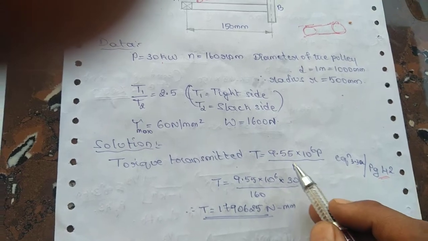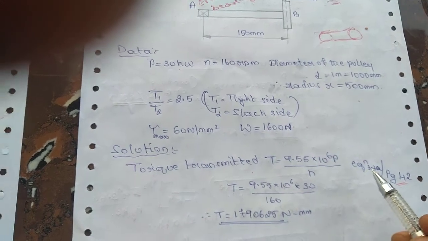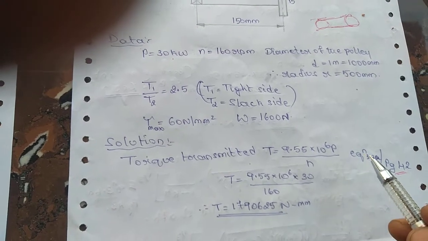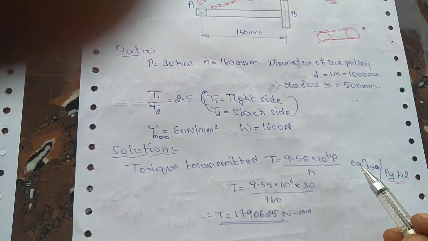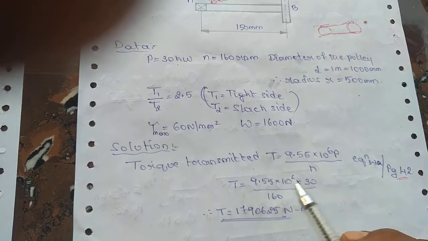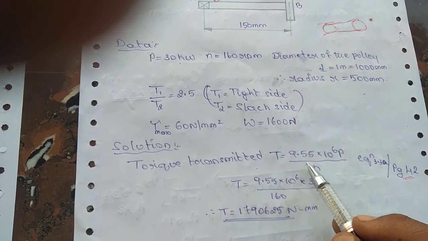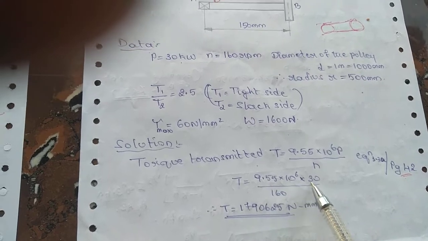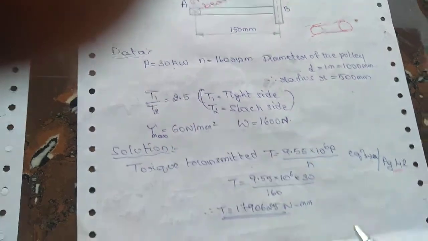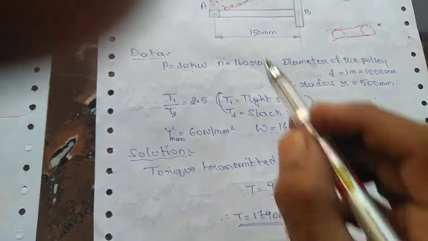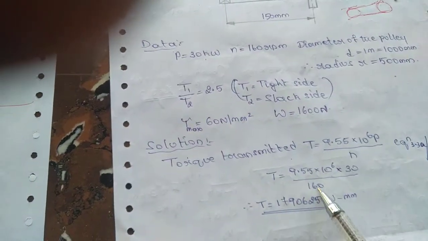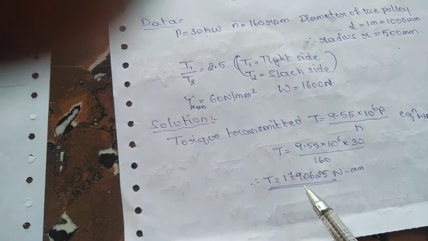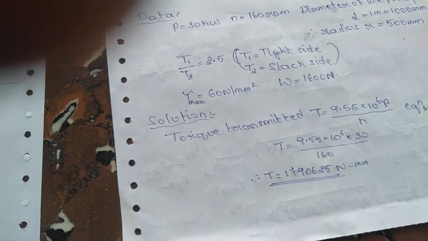Some of the equations have errors in the fourth edition. Please refer to the third edition and correct it. So this is the equation, T equal to 9.55 into 10 to the power 6 P by N. So this is the substitution: 30 is the power and 160 is the RPM. So you'll get the torque as 1790625.